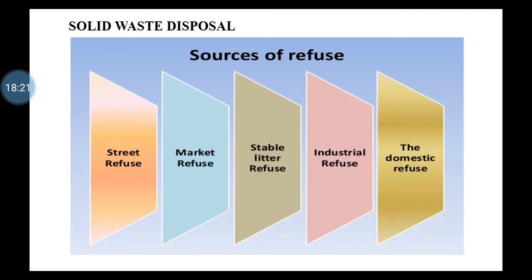So many activities are carried out, agricultural activities too. Accordingly the composition of this waste matter will depend upon the source of refuse. What is collected from the street will be different from the market, different from industries, and different from household refuse.